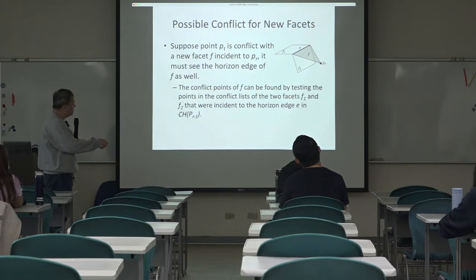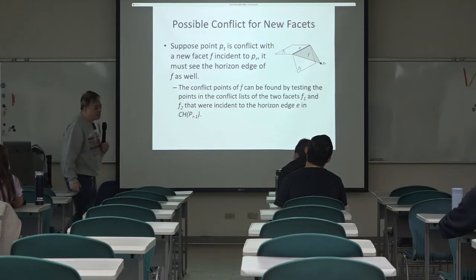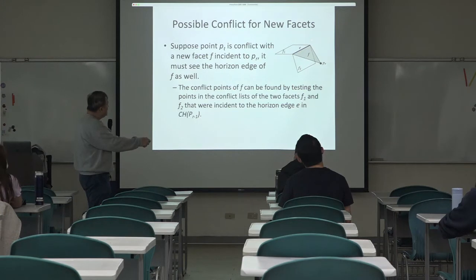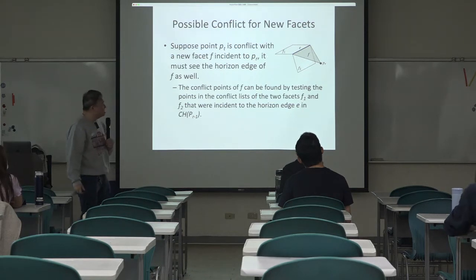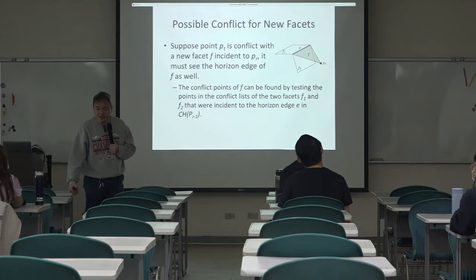The most important concept here is this: if any point is able to see this F, those points have to be able to see this edge E first, because edge E is still part of this new facet. This should be obvious, right?